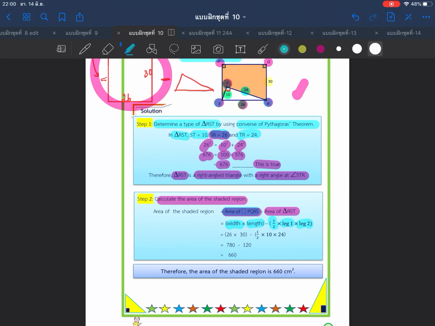So the area of the rectangle is 26 times 30, minus a half times 10 times 24, which is 120. So 780 minus 120 is 660. Therefore, the area of the shaded regions is 660 square centimeters.